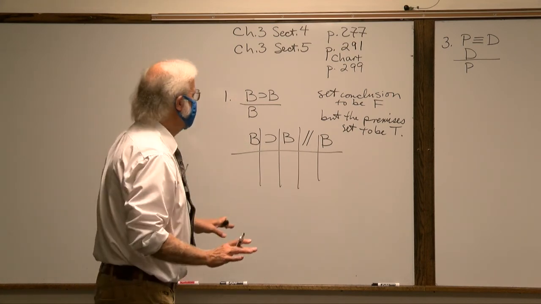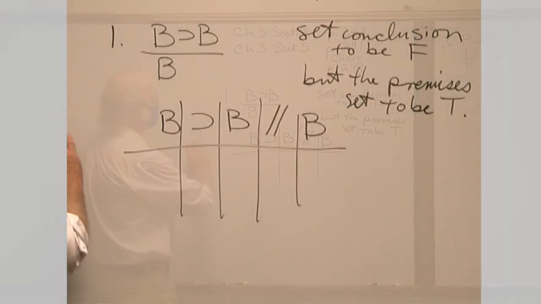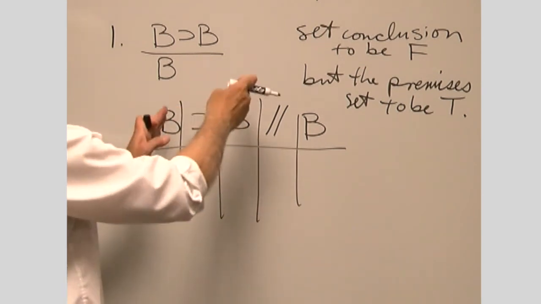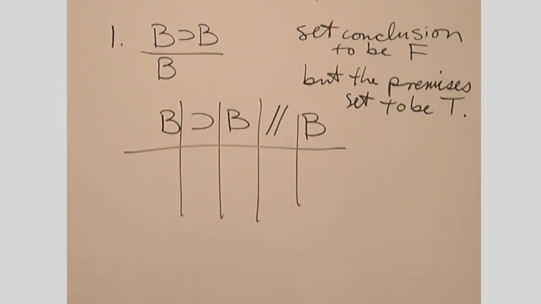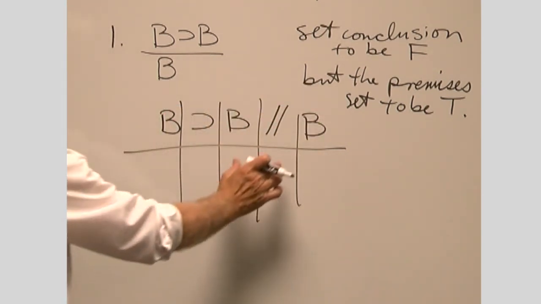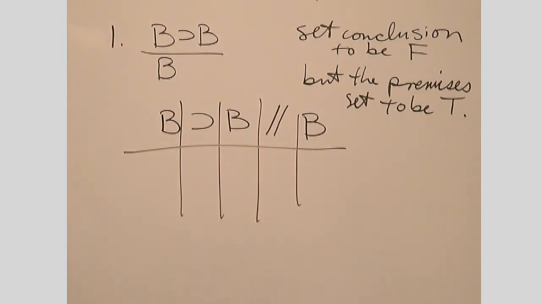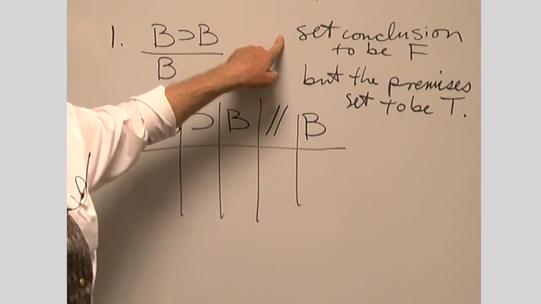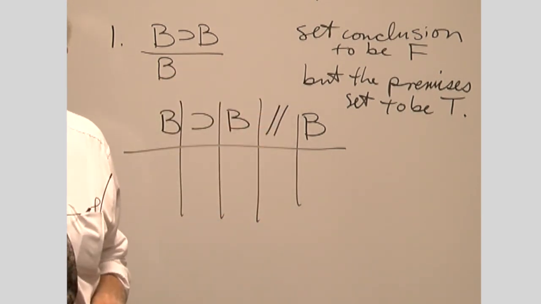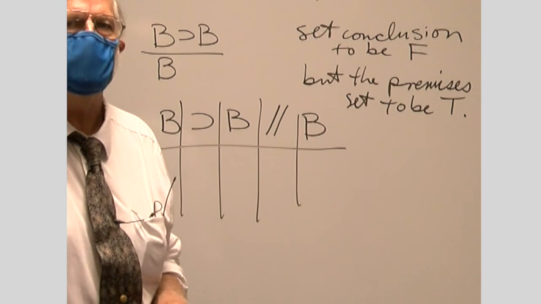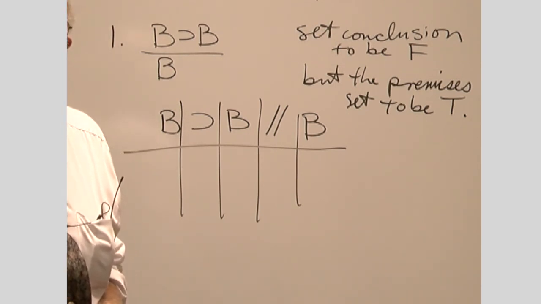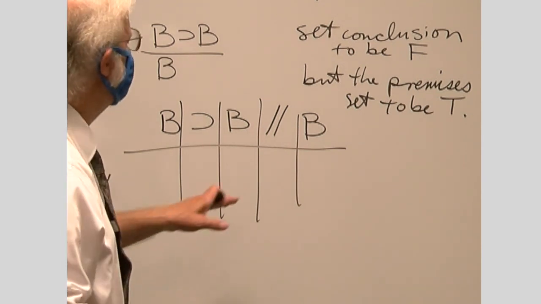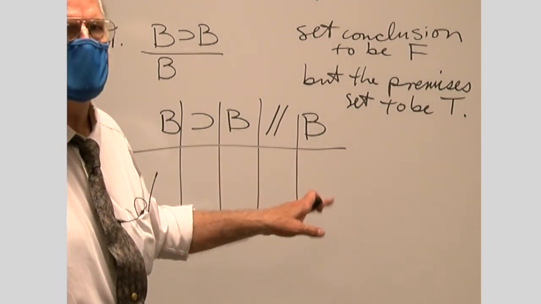This will come with practice. Here we have the premise and the conclusion written on a single line. We have created a truth table under it. We're going to leave the double slant bar column blank. What we do initially is to set the conclusion to be false. I'm sure that you've read the book, and so you know that there are only 5 possible kinds of conclusions and only 5 possible ways to set the conclusion to be false.